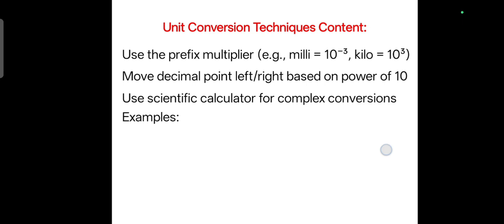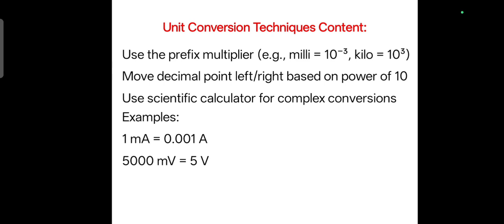Some examples are given: 1 milliampere is equal to 0.001 ampere, meaning that to convert 1 milliampere into ampere, we multiply with 10 raised to power of minus 3. That's why we have shifted the point like this.